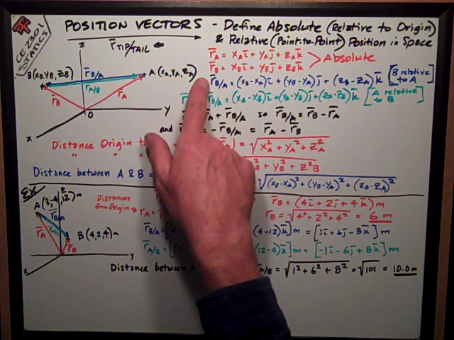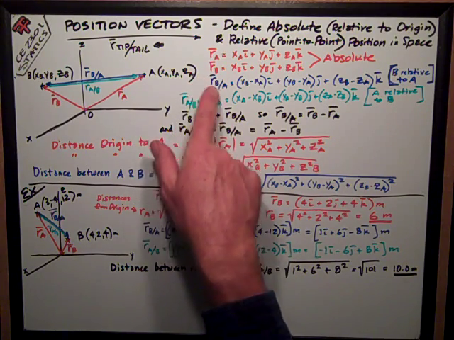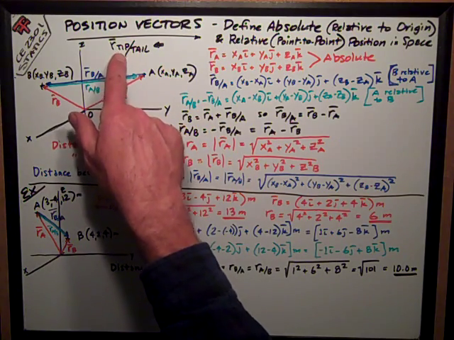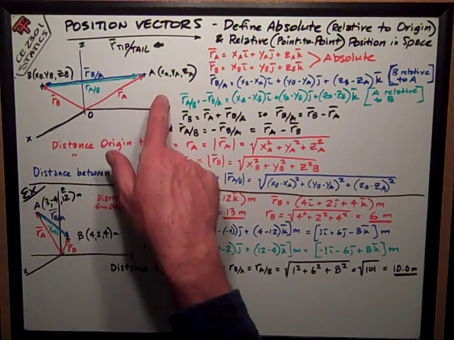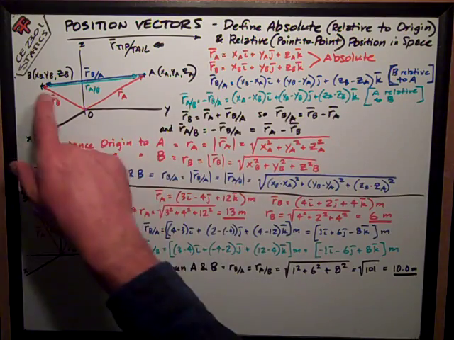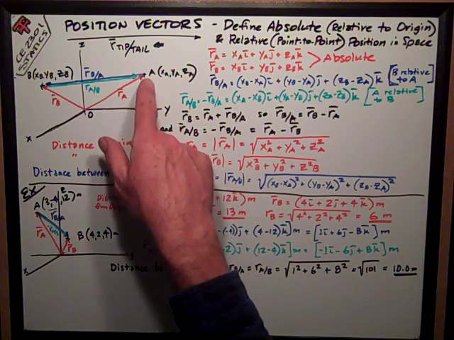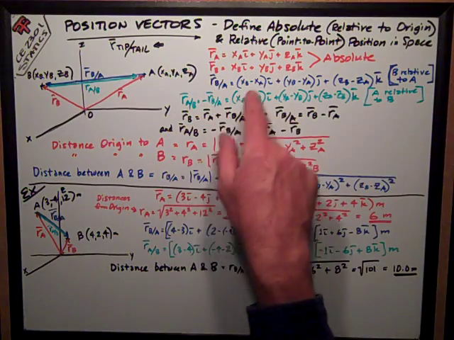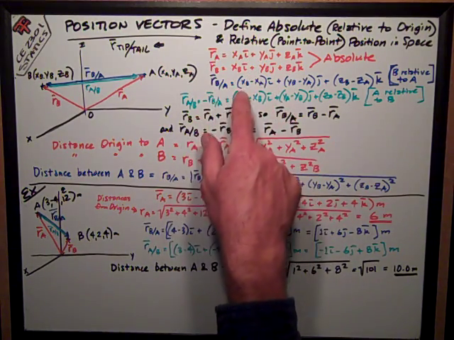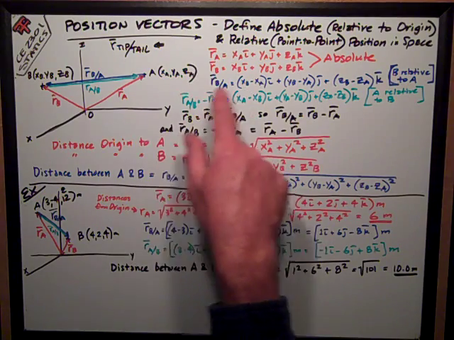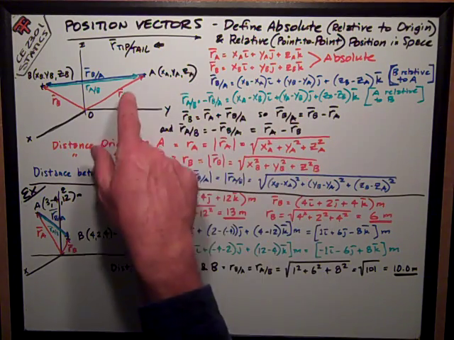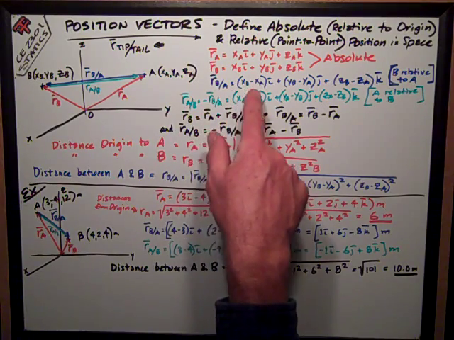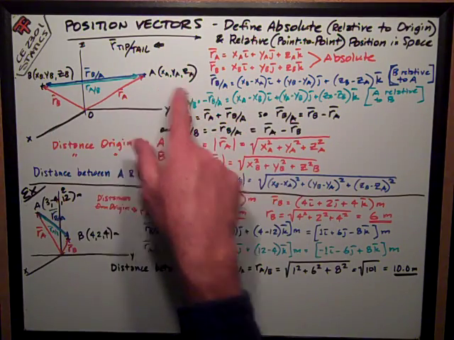Now we call the position vector RBA, meaning the tip over the tail, the position vector of B relative to A. I've shown that in blue here, B relative to A. I just take the coordinates of B and subtract from them the coordinates of point A. So it's XB minus XA.